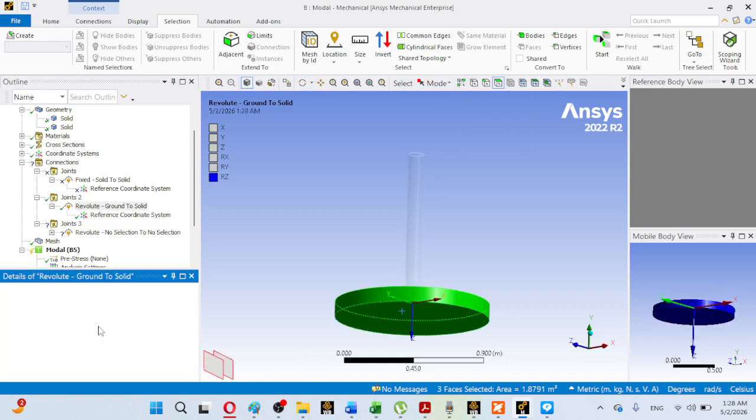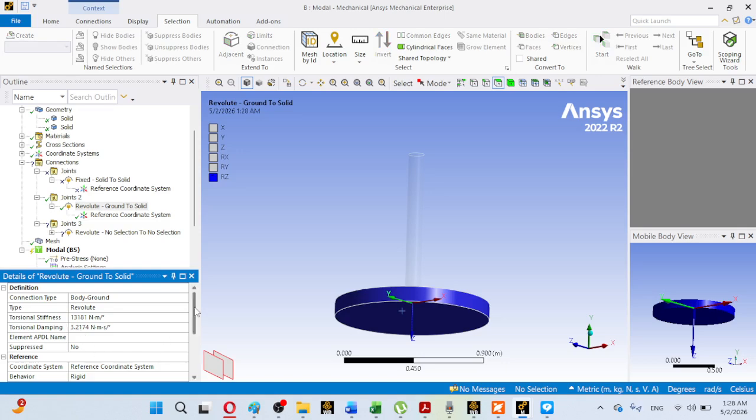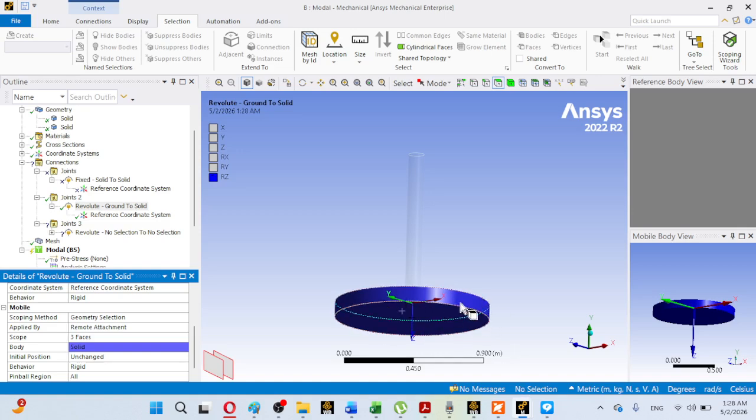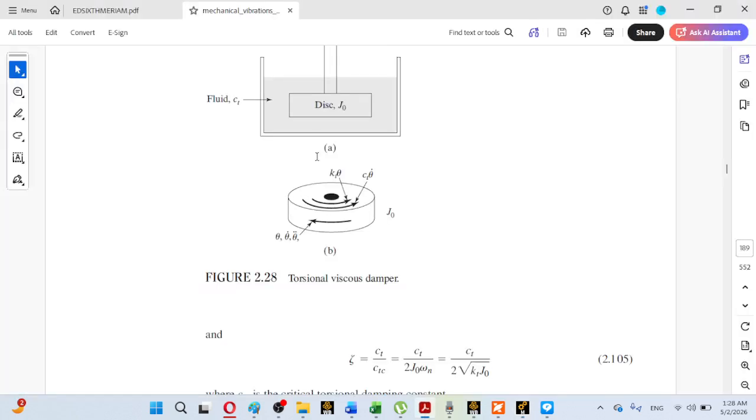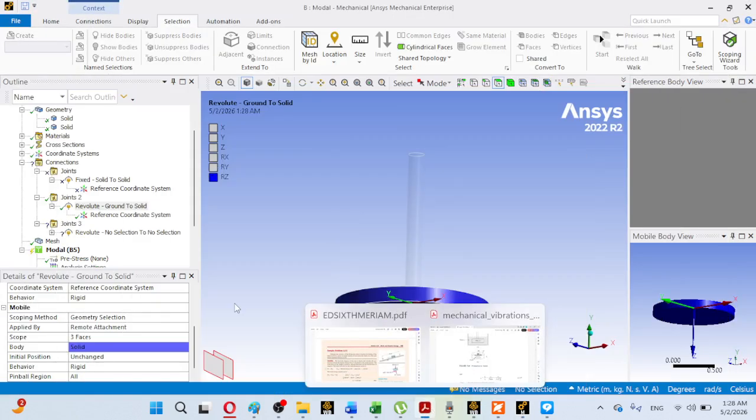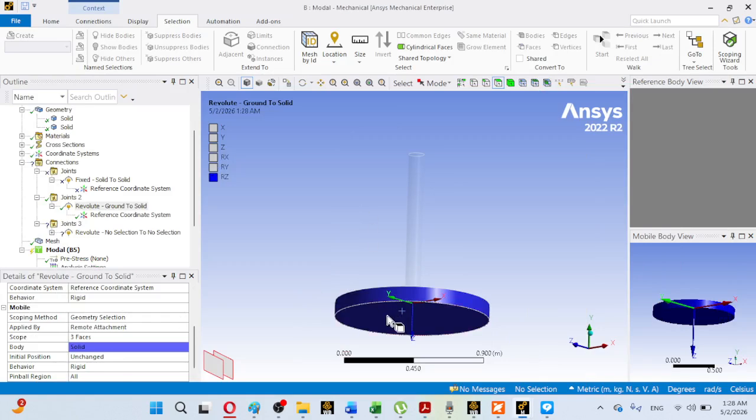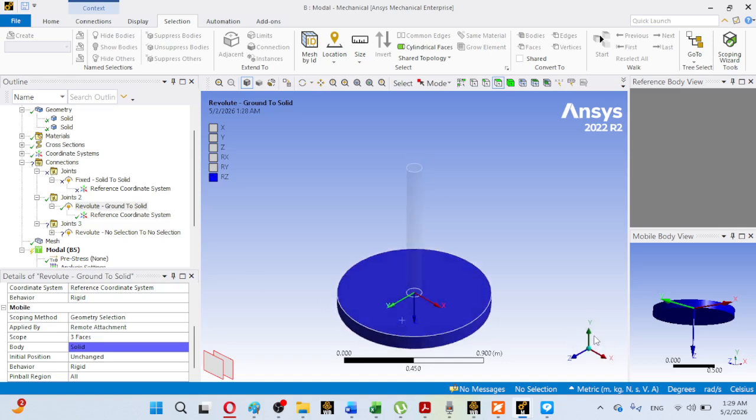Here you can observe it shows 3 faces. So you can completely envelop this rigid disc, because this whole rigid disc is dipped in the viscous fluid. You can either select this face or the upper face or this circular face, at least one face, but as a precaution you can select all 3 faces, so that will not make any difference in the result.